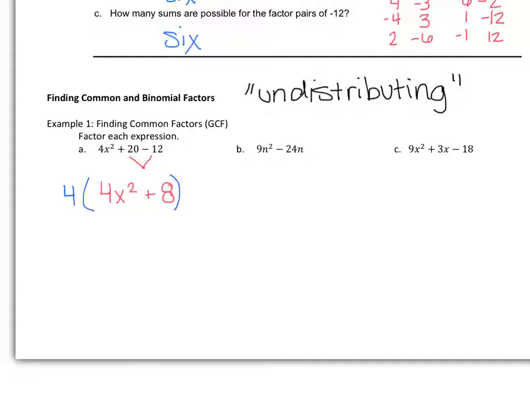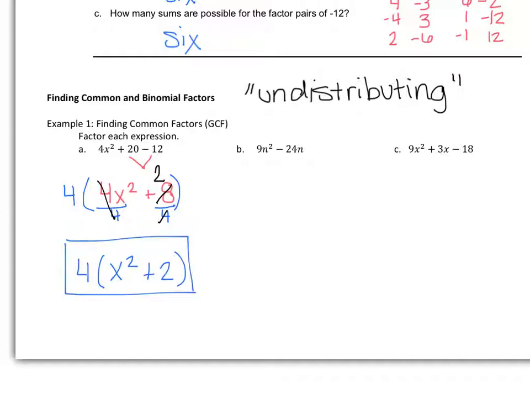And in order to do that, you divide each term by 4. So our answer will be 4 times, these two cancel, so we're left with x squared, and these reduce to 2, so plus 2. So our answer would be 4 times x squared plus 2.